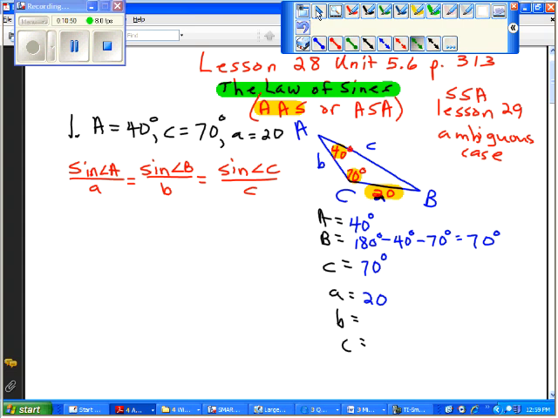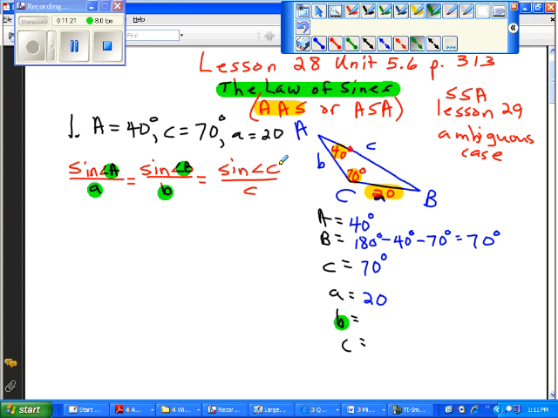Now, all we have to be able to do is set up a proportion with one missing piece, right? So if I want to find little b, then what I need is little b, angle A, and little a. I need all but one of those, right? So if I were to know angle A, angle B, and little a, I could actually find little b, because I would have 3 out of the 4 pieces of that proportion.